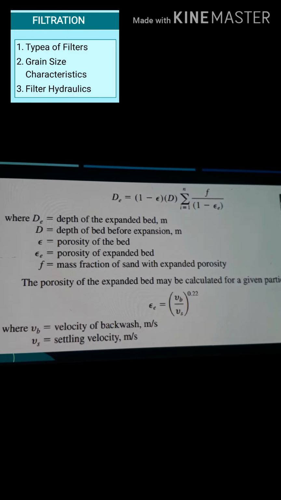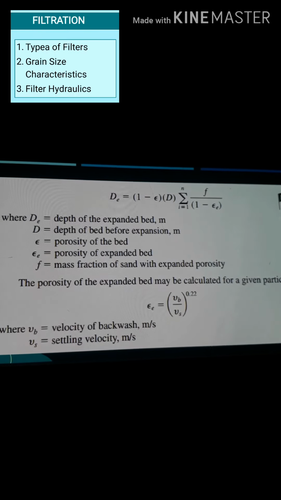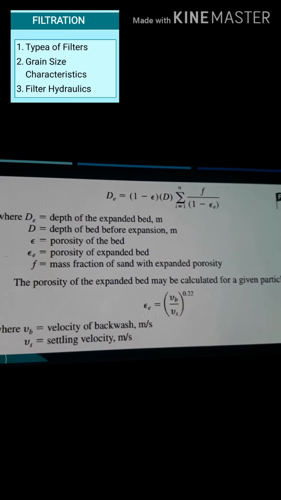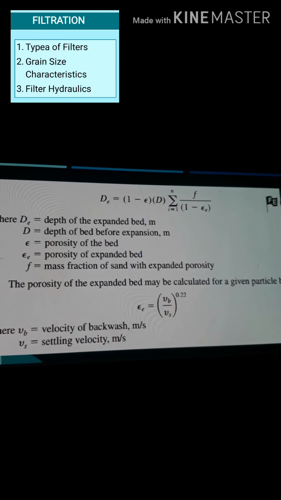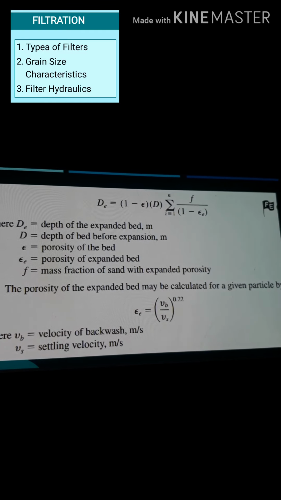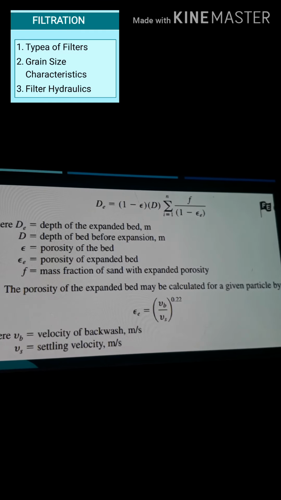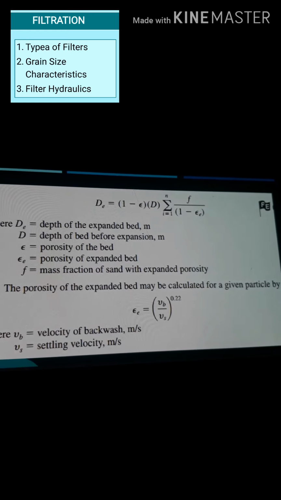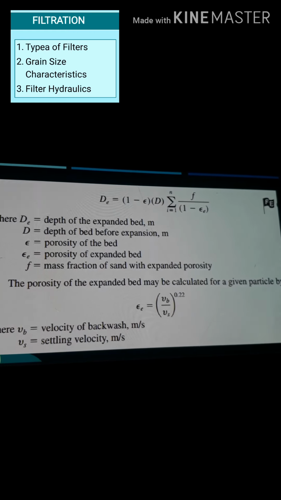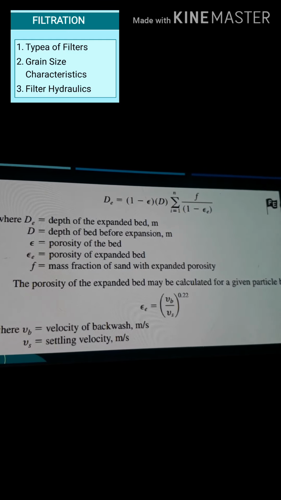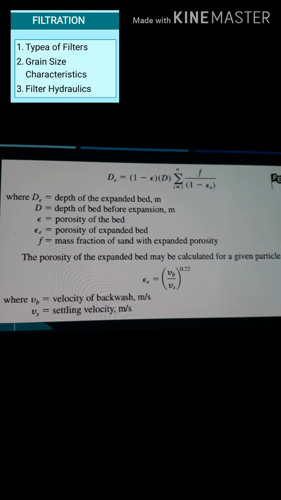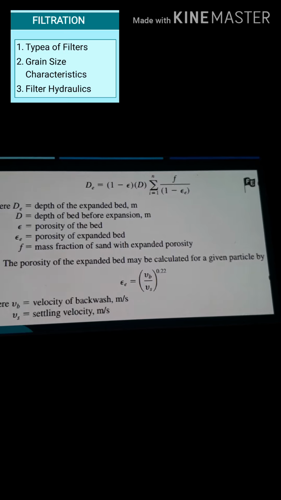Next equation is dE, the depth of the expanded bed, which is equal to 1 minus the porosity of the bed times the depth of the bed before expansion, times the summation from i equals 1 of the mass fraction of sand over 1 minus the porosity of the expanded bed. The porosity of the expanded bed may be calculated for the given particle.